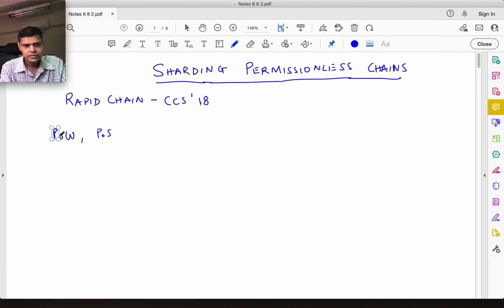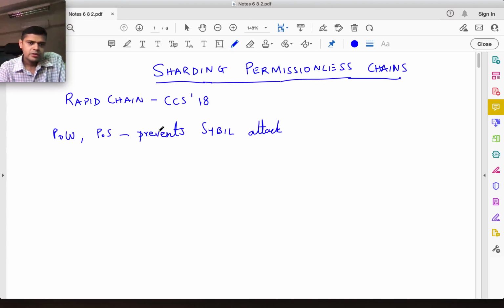And this resource should be impossible to arbitrarily replicate, so it prevents a Sybil attack. This is something we are very well versed with.